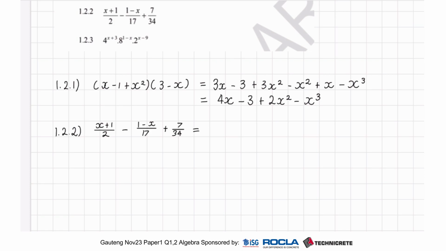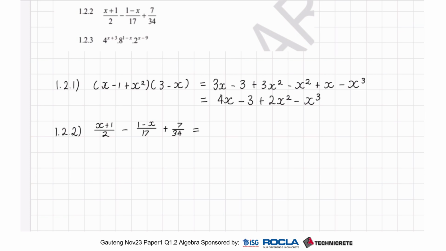So I need to find a common denominator of these denominators, and then I can add the numerators as normal. So to get the common denominator, I can see that this one is 2 and this one's 17, and the biggest denominator is 34. And 17 and 2 are both factors of 34.